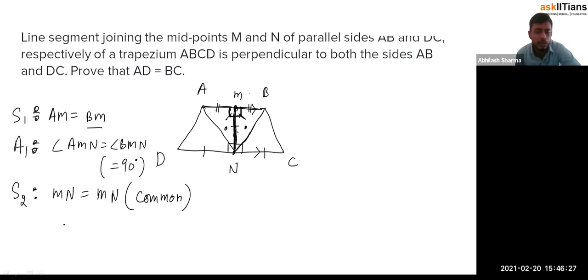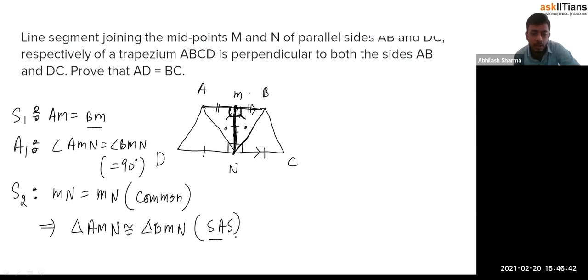So we can conclude that triangle AMN must be congruent to triangle BMN by SAS, because AM equal to BM, angles are equal, then MN equal to MN. And of course the angle is included here, between both of these sides.